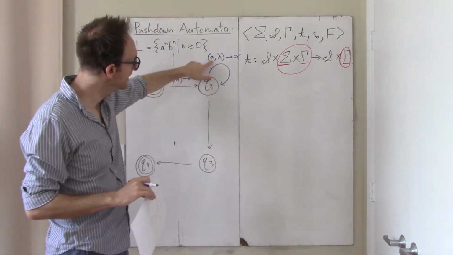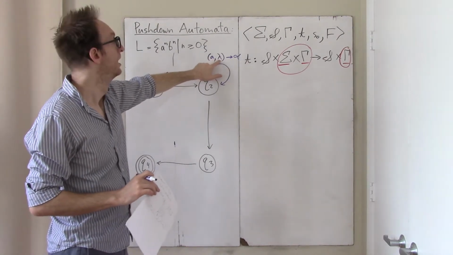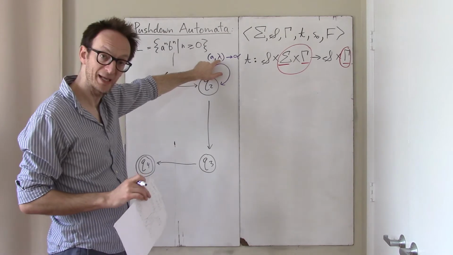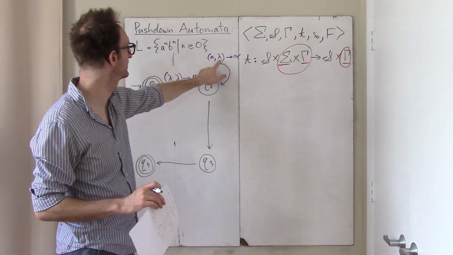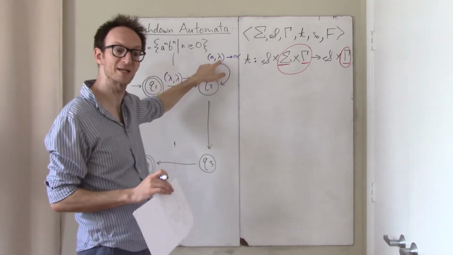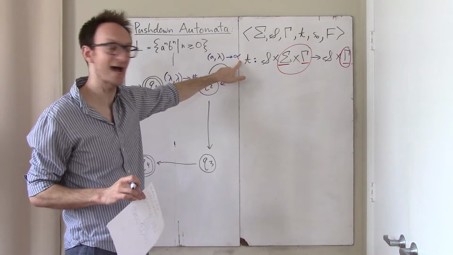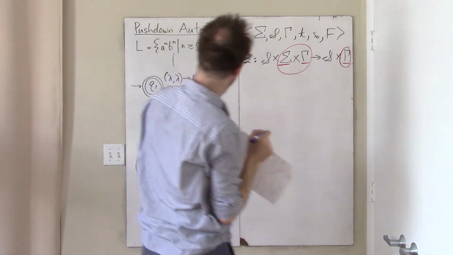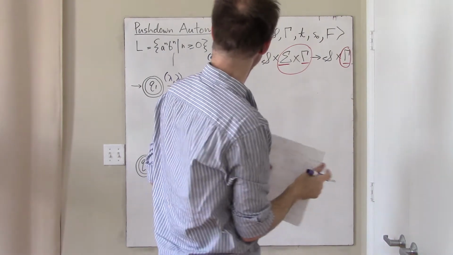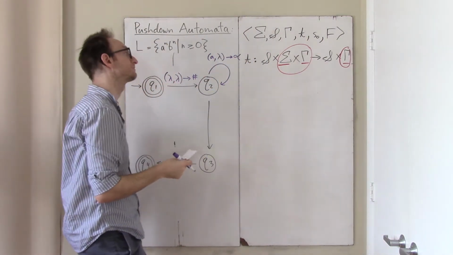I'm reading A's from the input string, I'm popping nothing from my stack, and I am pushing onto the stack this alpha. Okay. Well, good. And you just keep doing that until you've read all the A's.